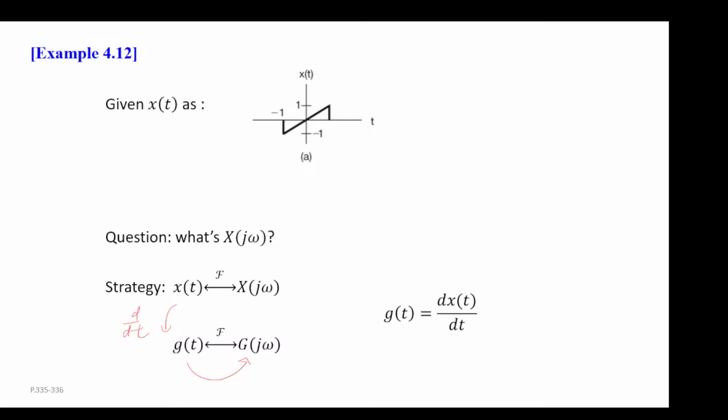Then you write x of t as the integration from minus infinity to t of g, and you use the integration formula to get big X from big G.